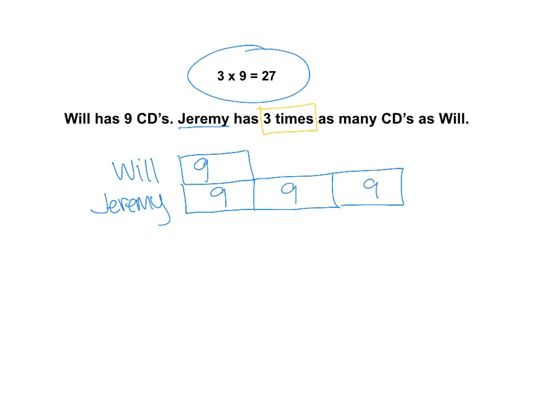How many does Jeremy have? He has 9 3 times. Look at that problem. That equation is the same. The equation is telling us that 3 times 9 is the same thing as 27. And that problem matches the equation.